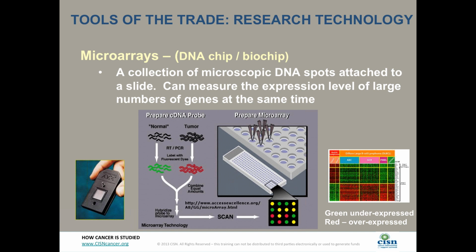They've got little chips for different diseases, and here this is separating out what kind of lymphoma someone has, and it's all based on the green genes that show up, they're underexpressed. The red genes are overexpressed. Whatever pattern shows up determines which type of lymphoma you have.